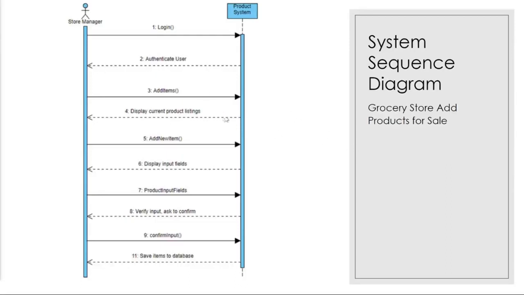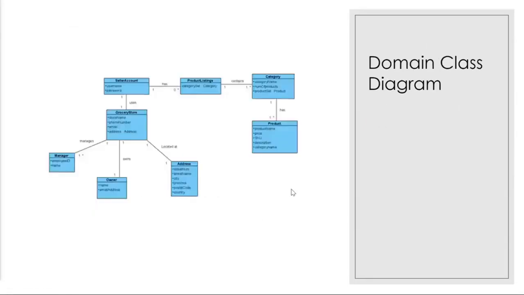So the user will select to add items, and then the system will respond with all the items currently in the product listings, and then they'll select add new item, and it'll display all the input fields, and then the user will enter product information. Then the system will ask to confirm, and once it's confirmed, it'll save it to the database.